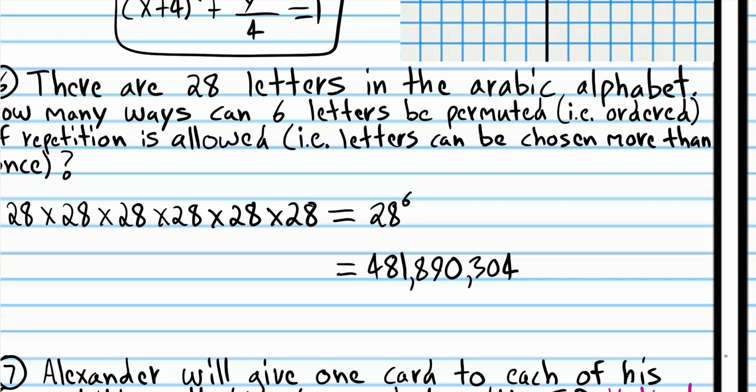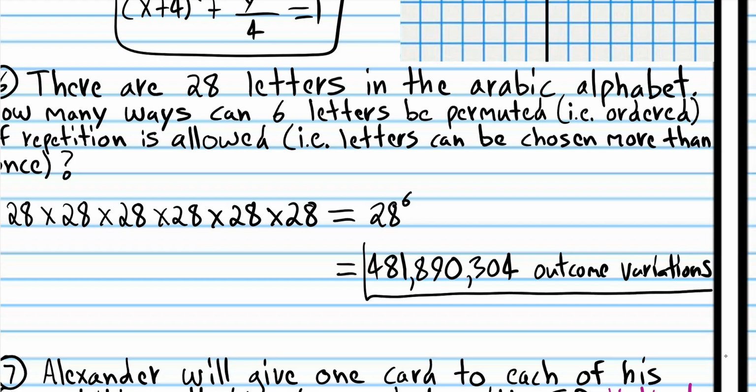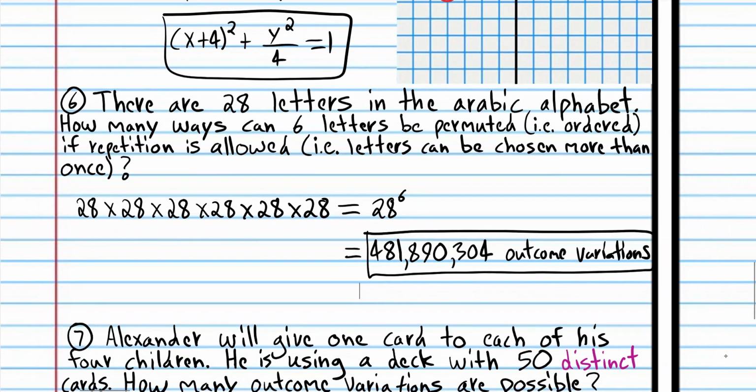Looks like it's going to be 481,890,304 outcome variations. So these problems can be a little tricky, so you have to get used to them. That's the whole point of studying for this exam.